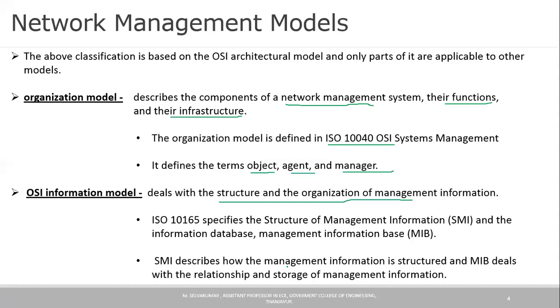It describes how the management information is structured, and the MIB deals with the relationship and the storage of management information. All the valuable information is stored by this information model in the OSI standard.